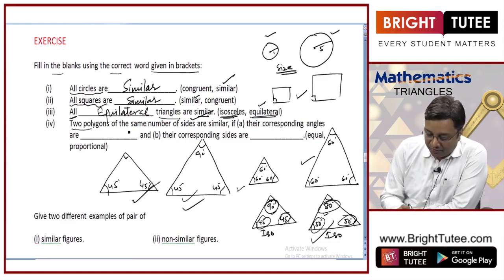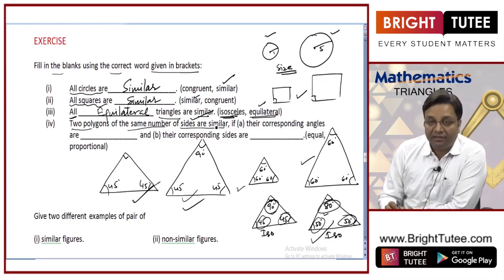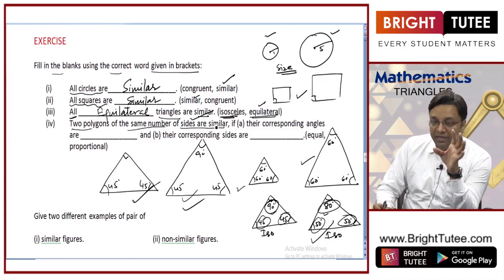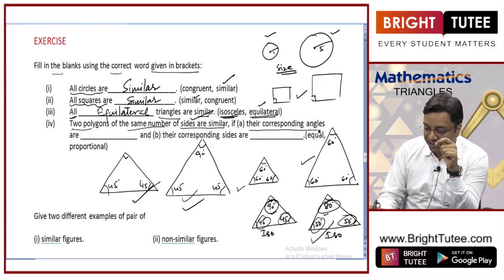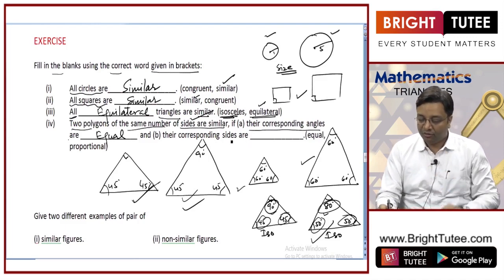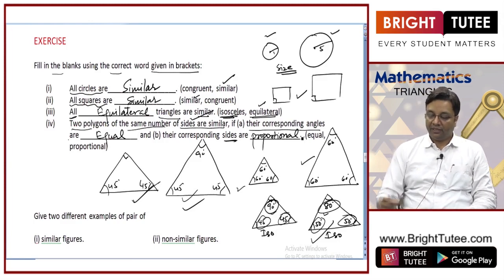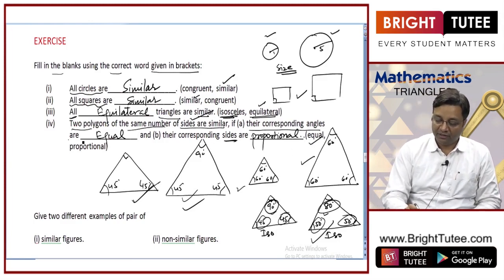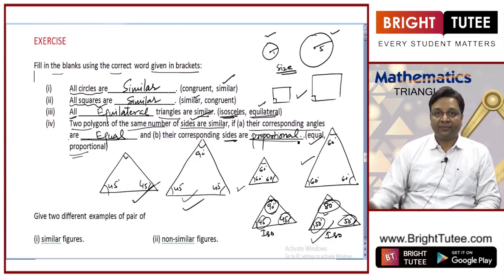Two polygons of the same number of sides are similar only when their corresponding angles are equal and their corresponding sides are proportional. This we have studied in the introduction, right? So, equal will come in this first blank and proportional in this second blank, right?